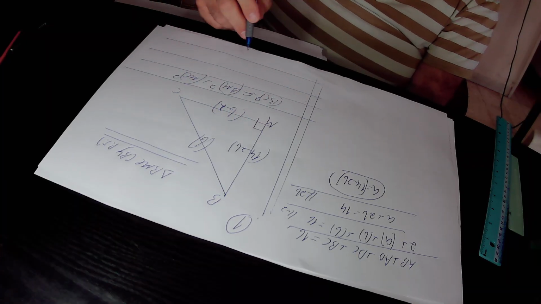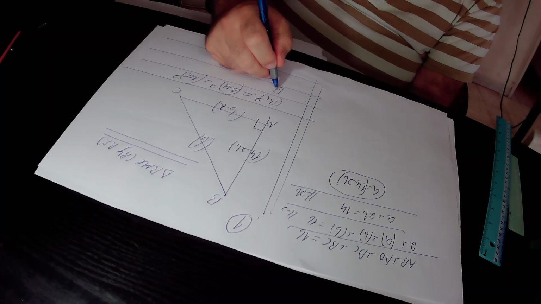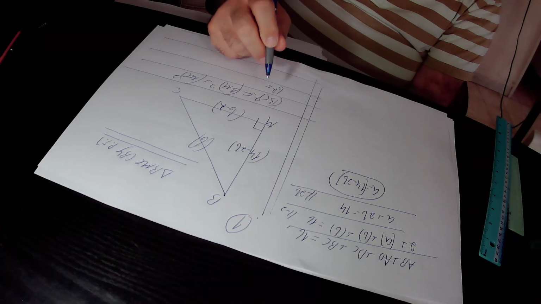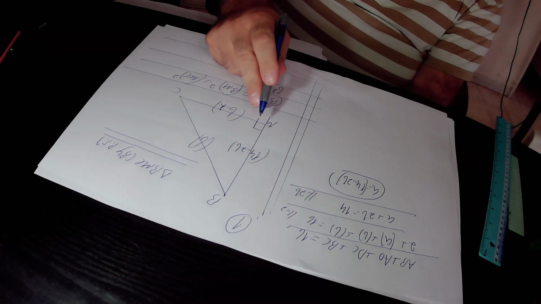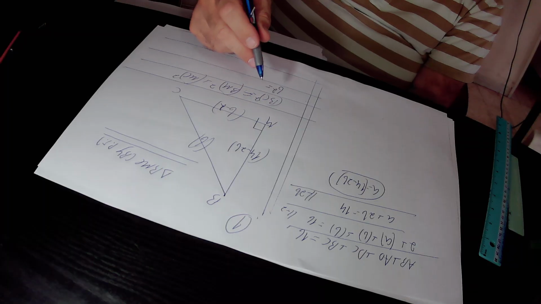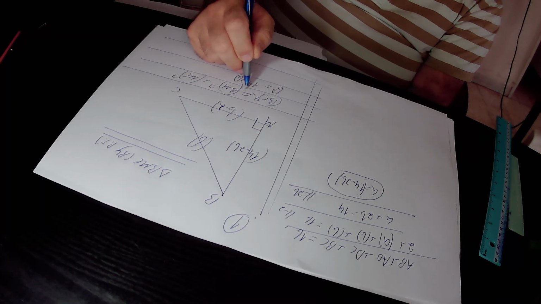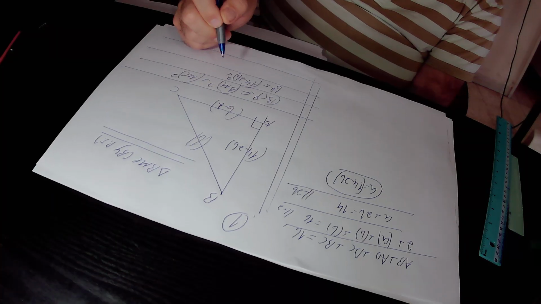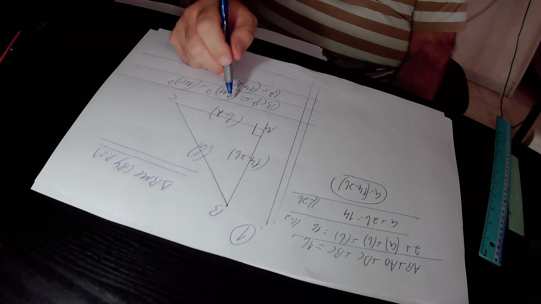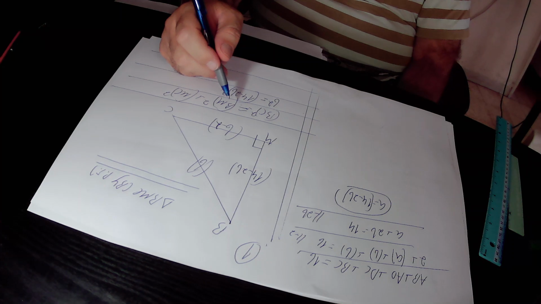BC is B, therefore BC squared is B squared, and it is equal to BM squared. BM is 14 minus 2B, therefore BM squared is 14 minus 2B squared. Plus MC squared. MC is B minus 2, therefore MC squared is B minus 2 squared.